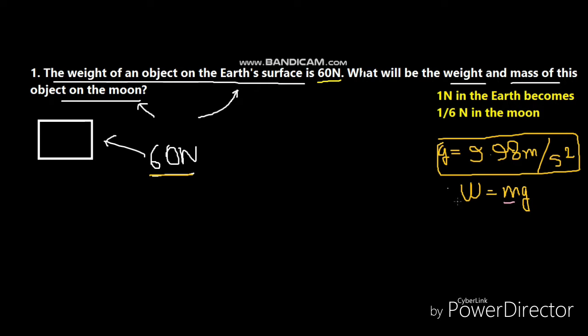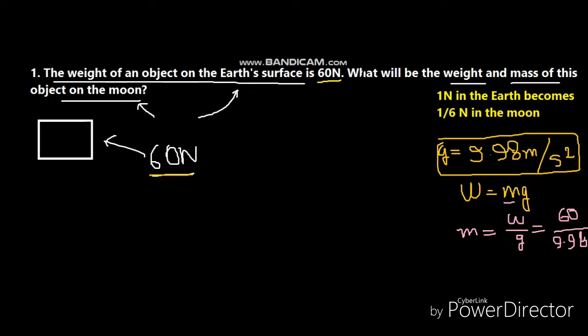So let's rearrange this, and we find out that the mass is equal to W divided by g. And let's put the values in, and we find out that the mass here is 60 divided by 9.98.